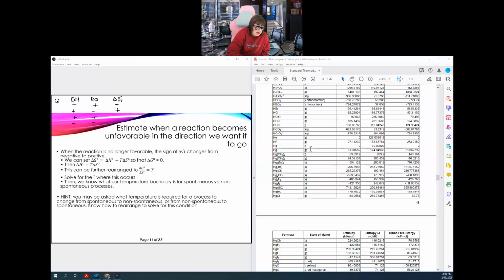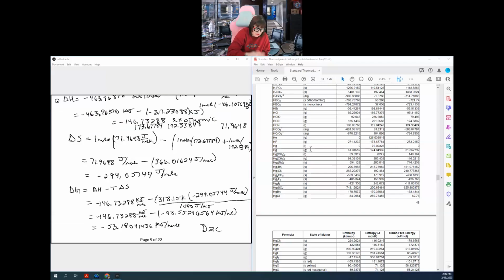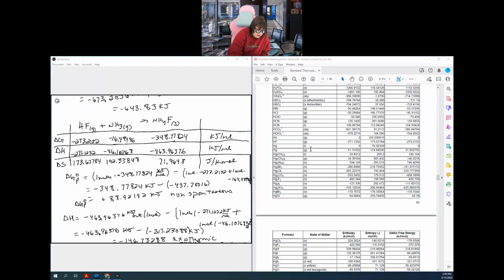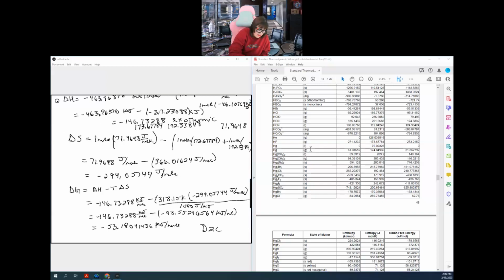Now, we calculated back here that delta H for under standard conditions, my delta H was negative 146.73288. Okay. Negative, let me just copy it.